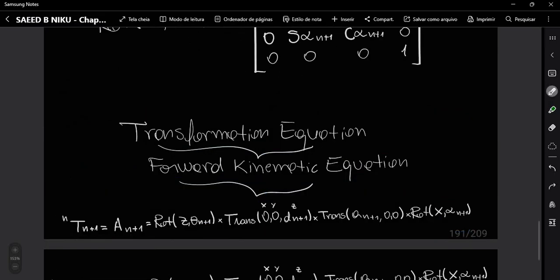Or also our total transformation equation.